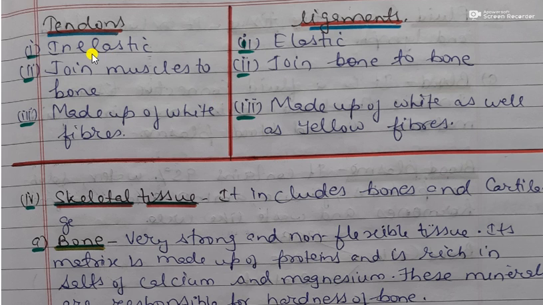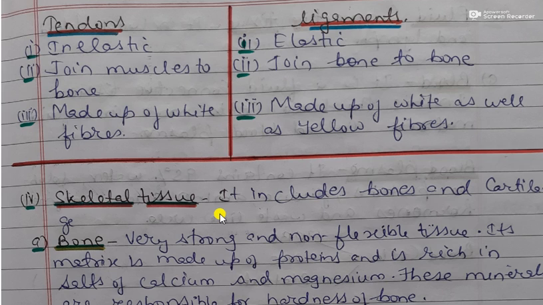Now tendons are inelastic whereas ligaments are elastic. Tendons join muscles to bone whereas ligament join bone to bone. Tendons are made up of white fibers and ligaments are made up of white as well as yellow fibers. So tendons and ligaments contain dense regular connective tissue.